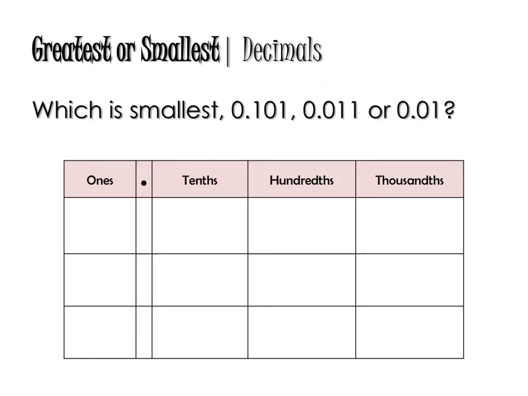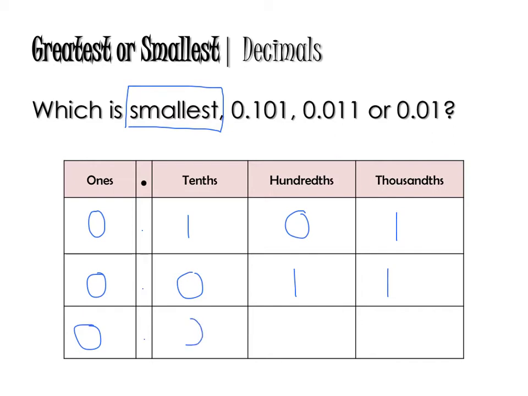Now we will use that same concept, applied the same even if we're comparing 3 or even more decimals. So let's take a look, but this time please take note we are looking for the smallest. Again, I'm going to write all the decimals into my place value chart to help me. Those who are faster, if you can see it straight away, you actually don't need the place value chart, but I'm just going to use it so that it's clearer for everyone.